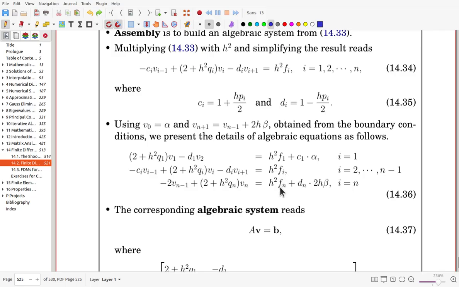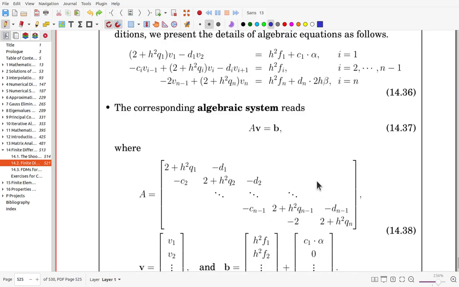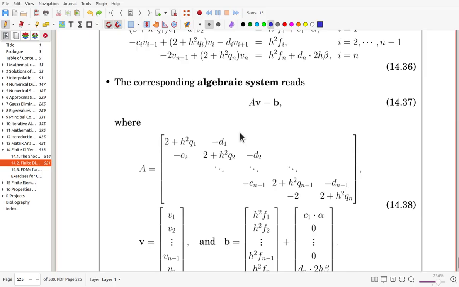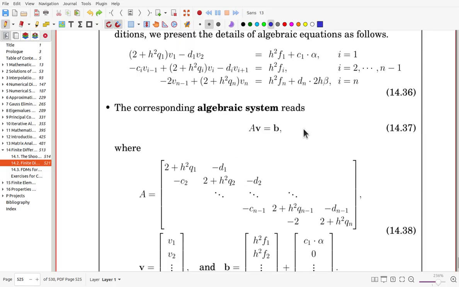By using these equations, we can get the algebraic system AV equals B. Now these are coefficients of these V unknowns. In the beginning, there's 2 plus h squared q1 and minus d1 here. And from 2 to n minus 1, we have minus ci, 2 plus h squared qi, and the upper diagonal will be minus di. That is exactly from here to there.